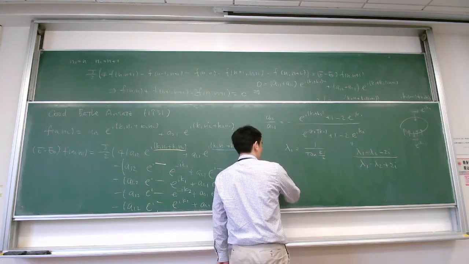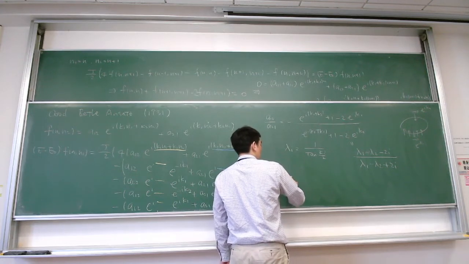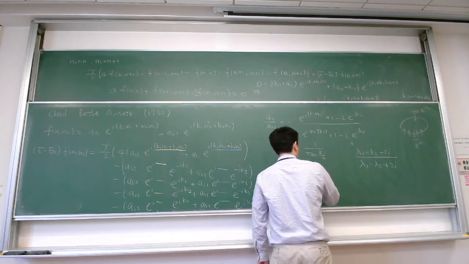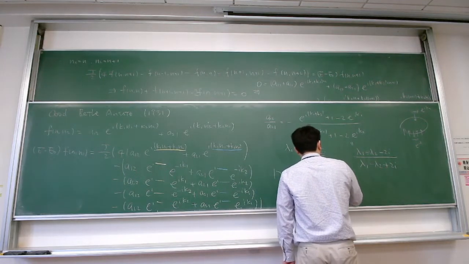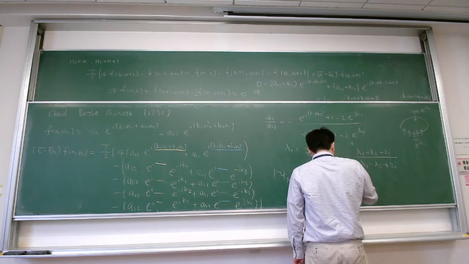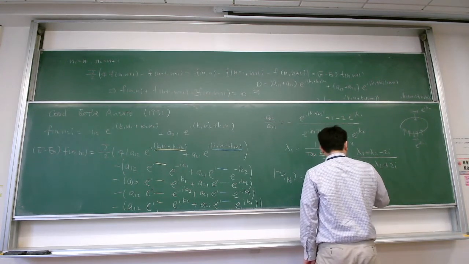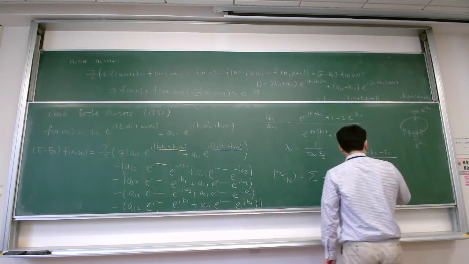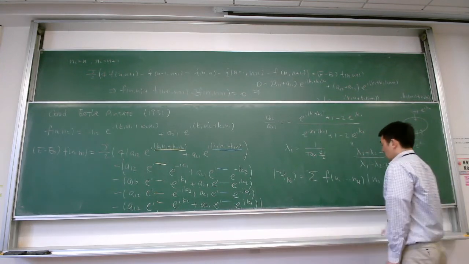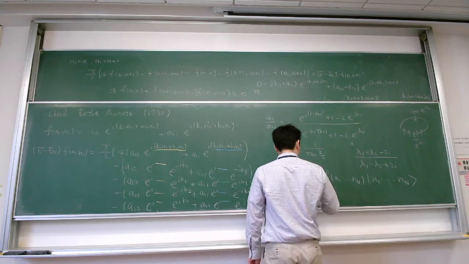As you can easily imagine, for n magnons you have a sum over n1 through nn, over each ni.